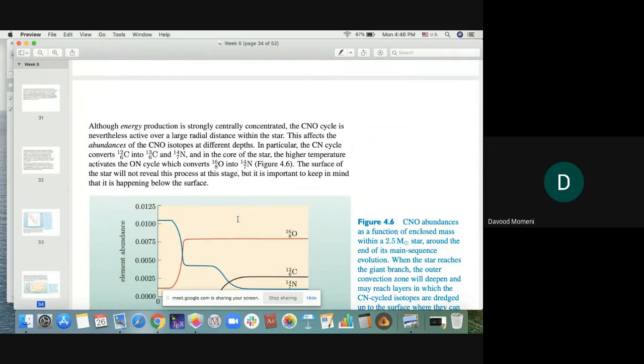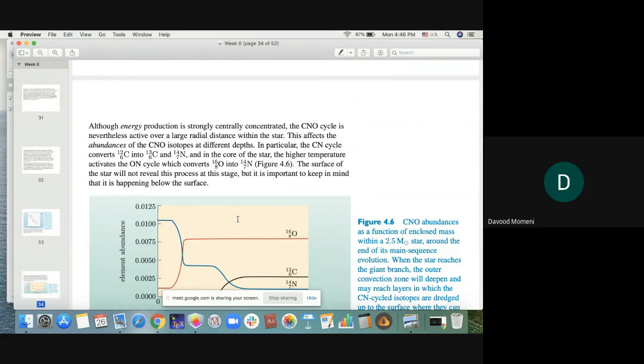But we can say that energy production is a very complicated process. And the CNO cycles do not continue for any range if the star reaches a special radius. If you go far, at a large radial distance, then the CNO cycles will vanish.